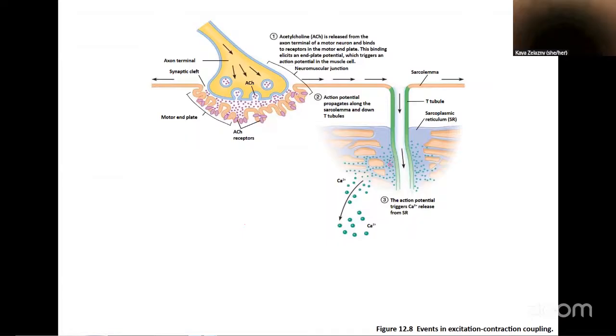Those are our stored calcium ions. And as we have this action potential travel down the T tubule, once we're in contact with that sarcoplasmic reticulum, we have receptors sensing that change in voltage. And the result is we release calcium into the cell. Okay.